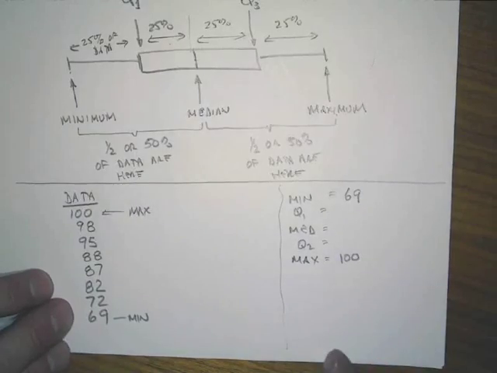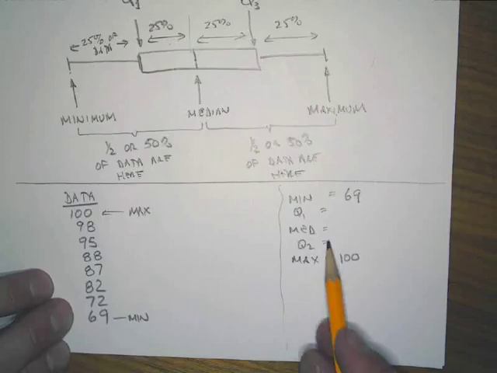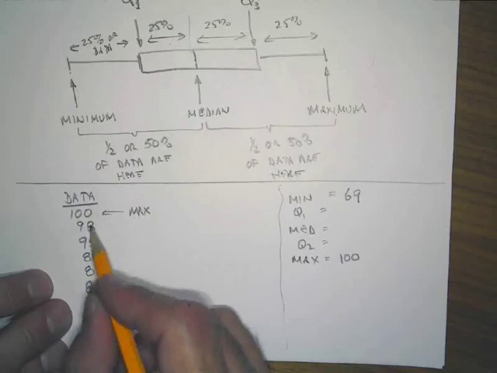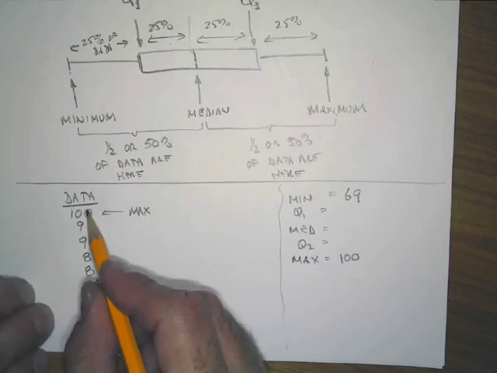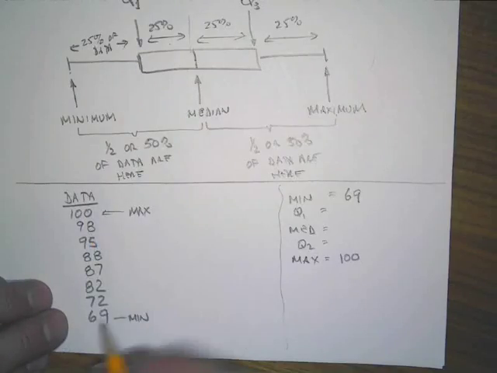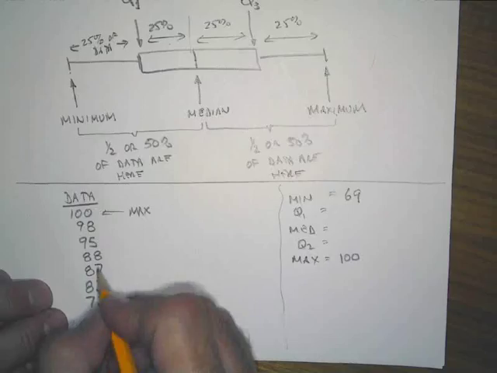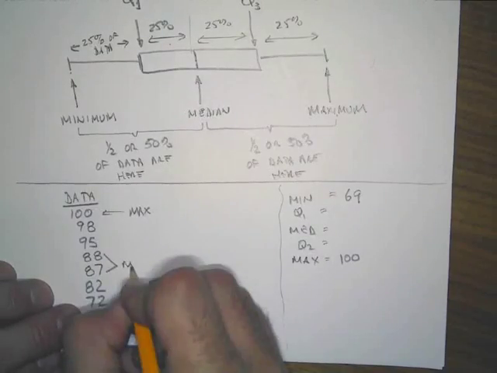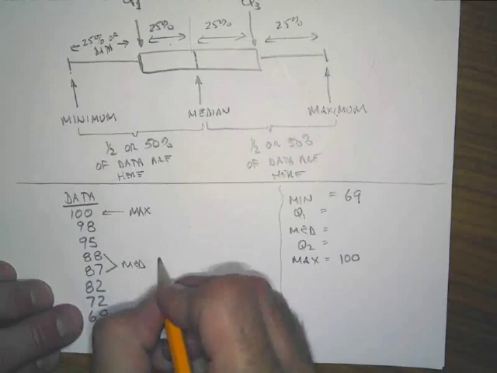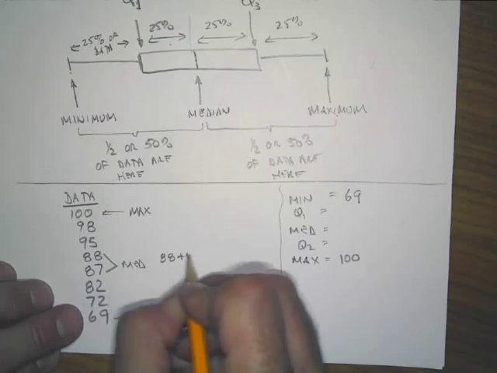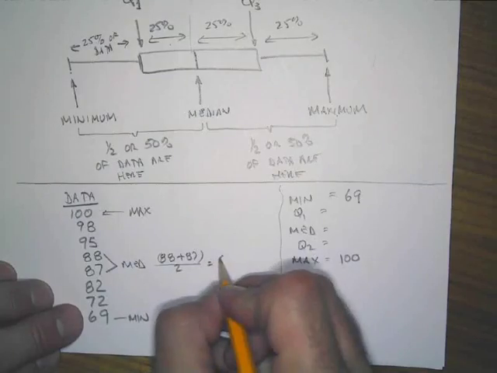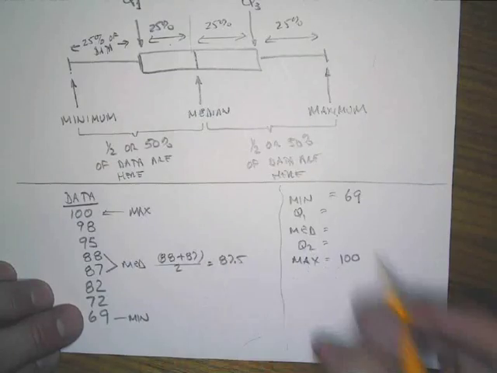That's pretty easy to do. Let's find the median. 1, 2, 3, 4, 5, 6, 7, 8 values. There's an even number of values, so we want to find the middle 2 values, and we want to get the median. So that's going to be 88 plus 87 divided by 2, which is 87.5.